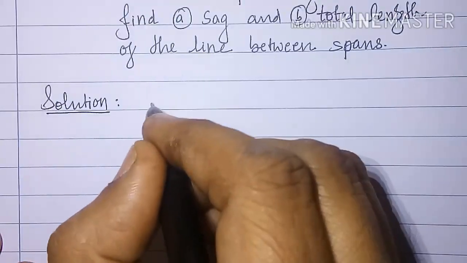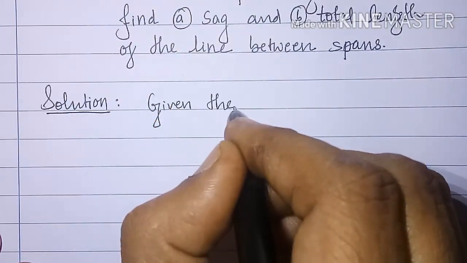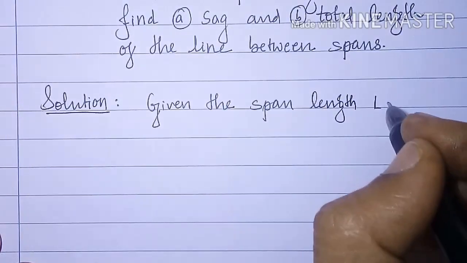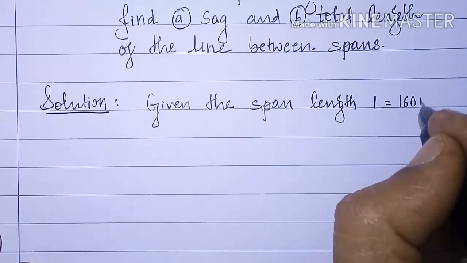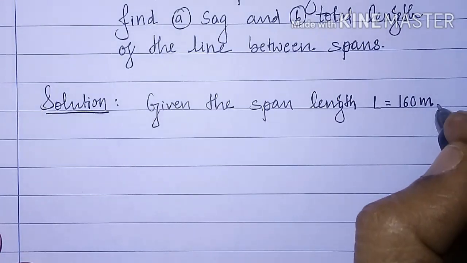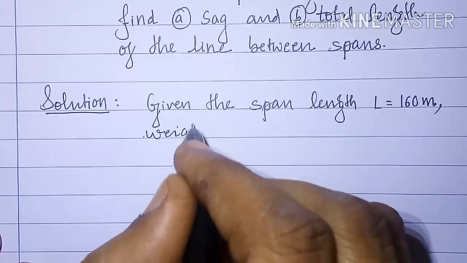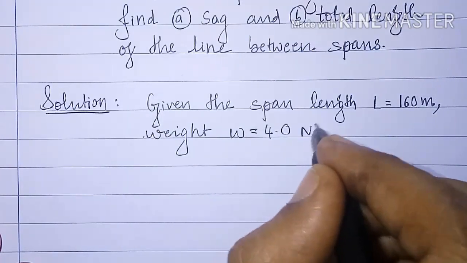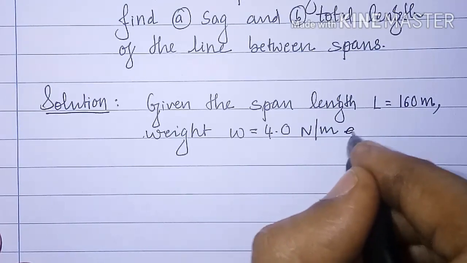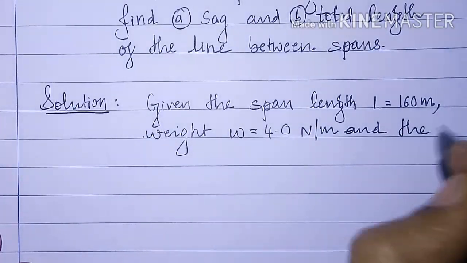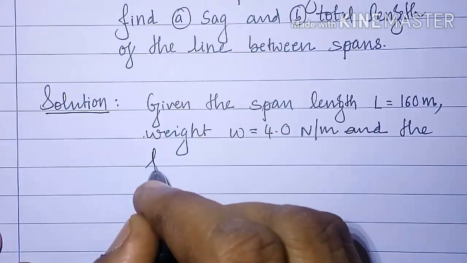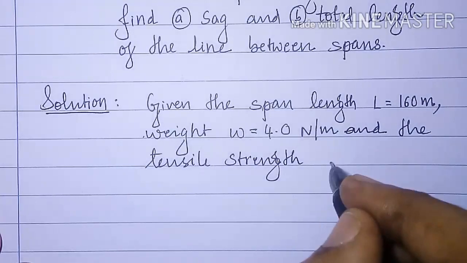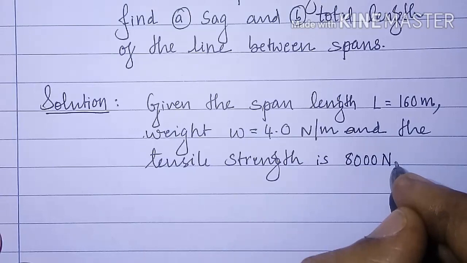Solution. Given the span length capital L equal to 160 meters, weight W equal to 4.0 Newton per meter, and the tensile strength is 8000 Newton.